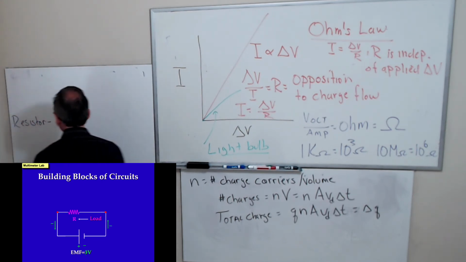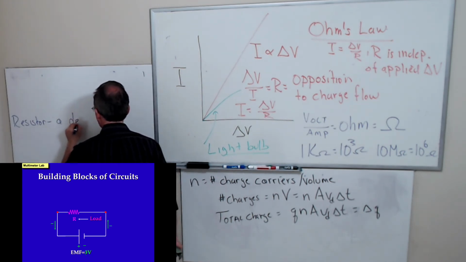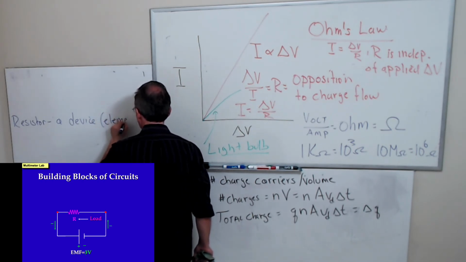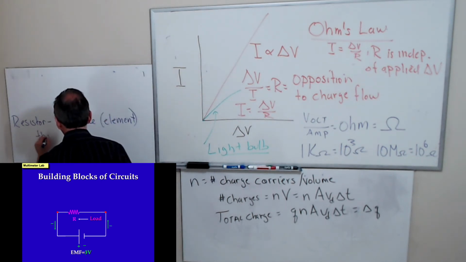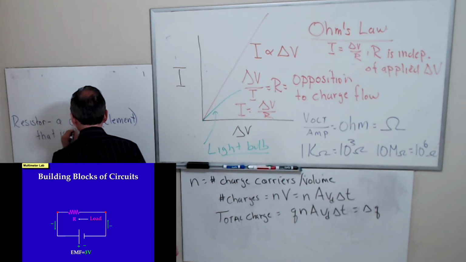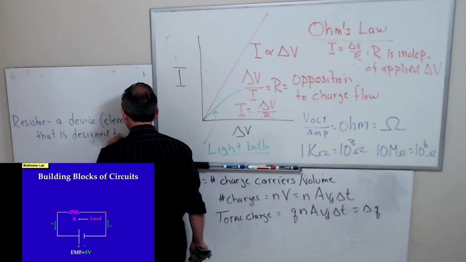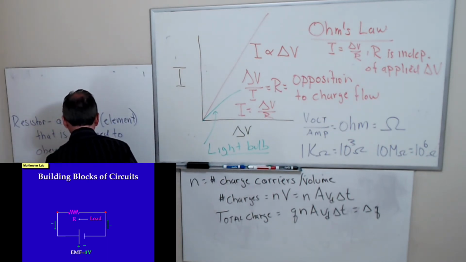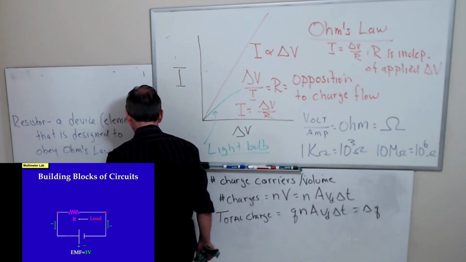A resistor that you place in your circuit is basically a device or circuit element that is designed to obey Ohm's law in your circuit.